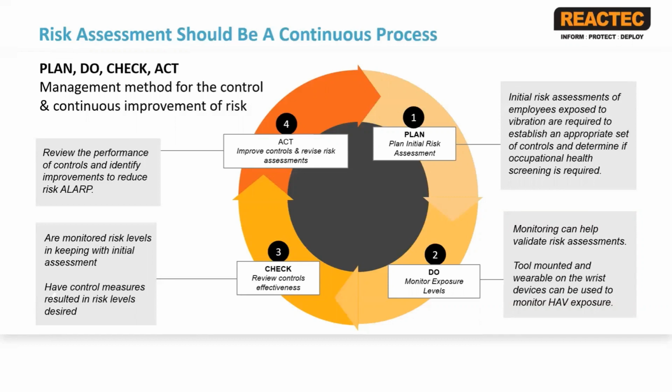If you then go on to monitor the actual levels of exposure experienced by the individuals, then it will validate the risk assessment that you have just carried out, and also it will allow you to check if your control measures have been effective and whether or not you need to act further to put in place controls which will reduce your risk as low as reasonably practicable.